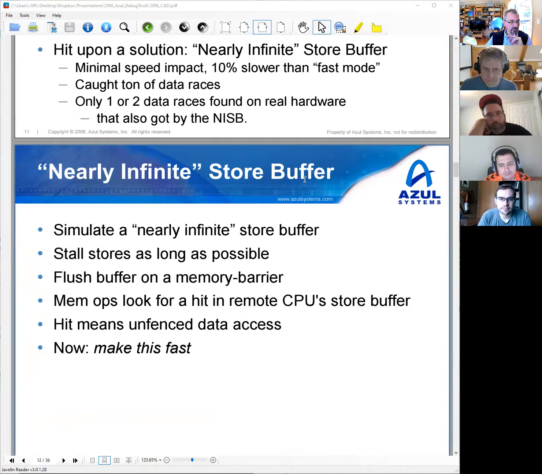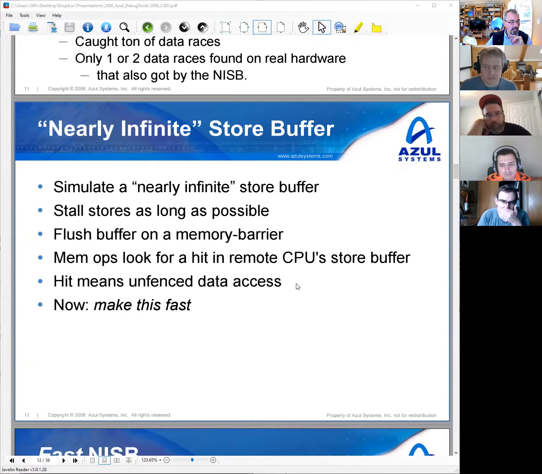So what we do here is we make a nearly infinite store buffer, which simulates a store buffer on a real piece of hardware that pins stores until the memory can take it. And you would pin the stores until you hit a memory barrier, and then you flush them all. So it's as if your CPU is running as far ahead as it possibly can, ignoring its ability to write to memory because it's pretending it's too fast and memory bandwidth is sucked up, until you hit a fence, and then it stalls and writes all the stores out all at once.